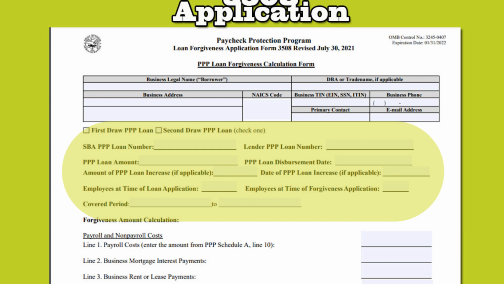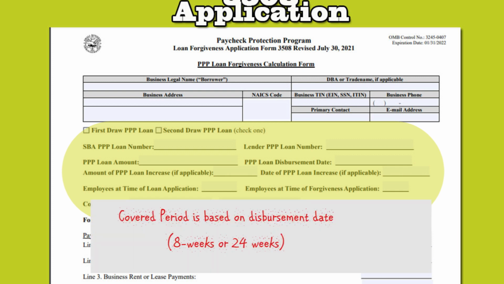Next section, self-explanatory, PPP loan amount. Okay? Now, PPP loan disbursement date. This date is extremely critical because this will determine your loan period, okay? Because you have an 8-week or a 24-week loan period, and we'll go over that.